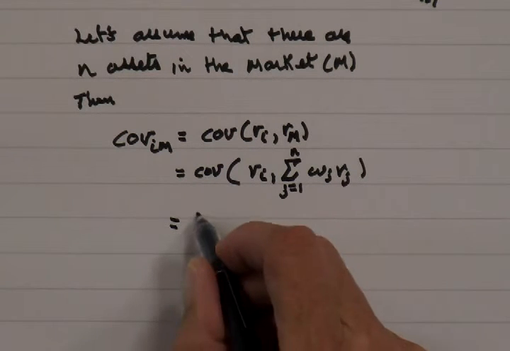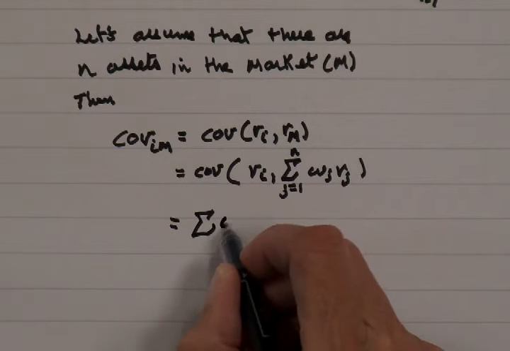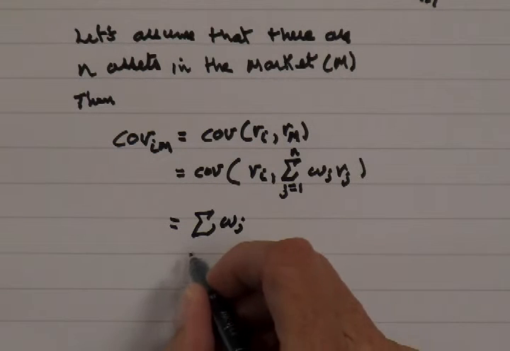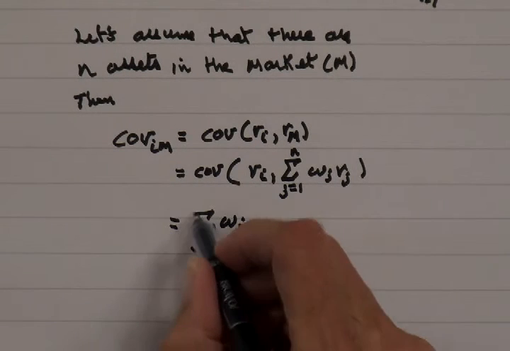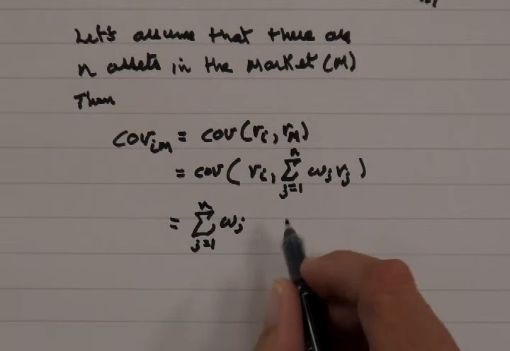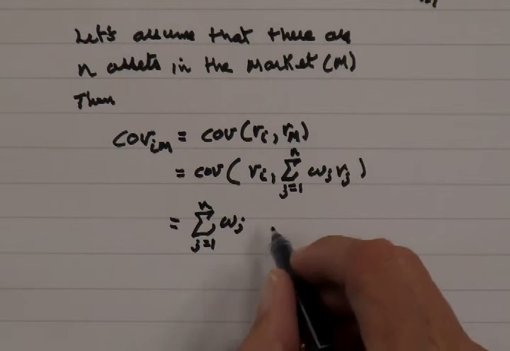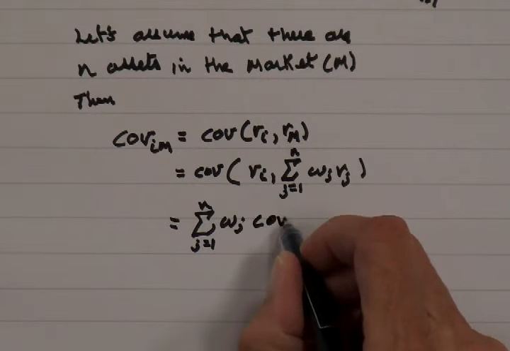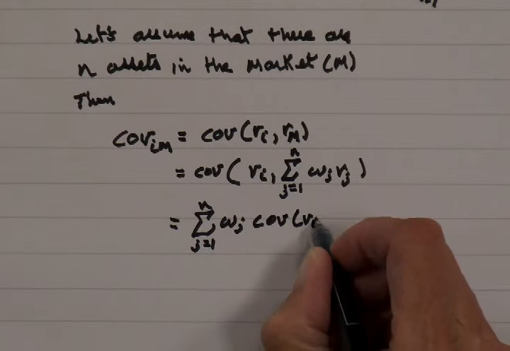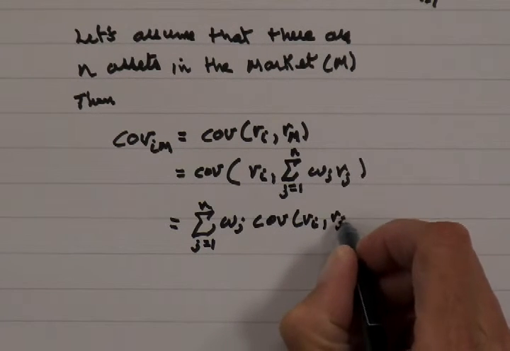It equals the sum of the Wj, j equals 1 to n assets in our market portfolio, times the covariance of Ri, Rj.